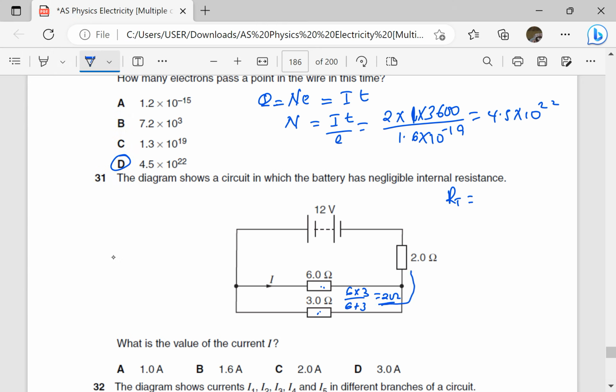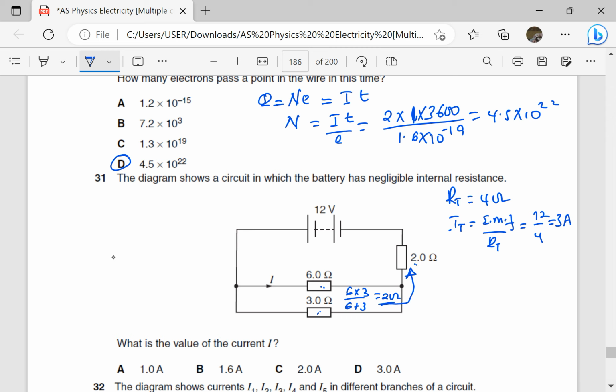Now 2 ohms is in series with that 2 ohms, giving us a total resistance of 4 ohms. So total current is going to be the e.m.f. divided by total resistance, which is 12 divided by 4. So total current is going to be 3 amperes.